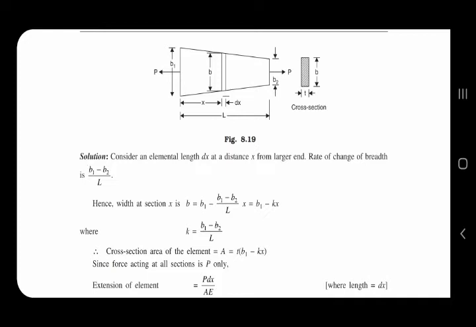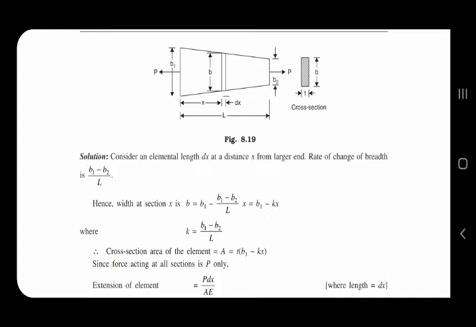In this case of the plate, let B1 be the width at the big end, B2 the width at the small end, L the length, and T the thickness of the plate, and let B be the width at a distance x where we are considering an elemental area dx.